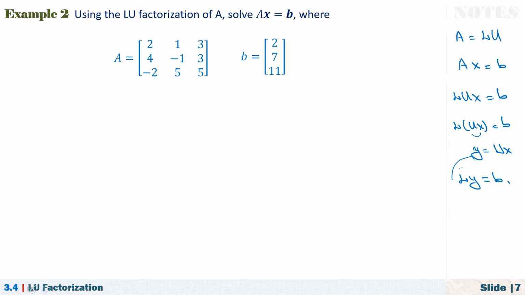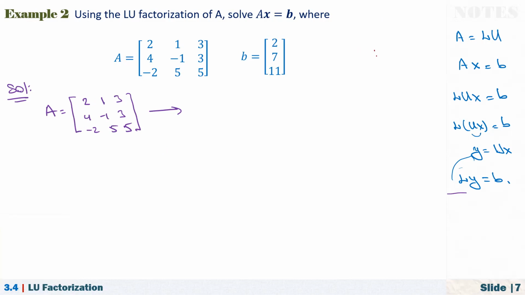So to do this, in our first step, we need to find the LU factorization of A. So how do we get this? Again, here we have A that's equal to 2, 1, 3, and 4, negative 1, 3, negative 2, 5, and 5, right? So the first step, I'm going to do my operations here.